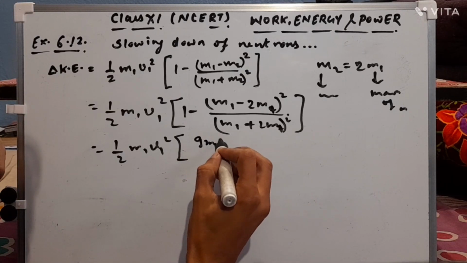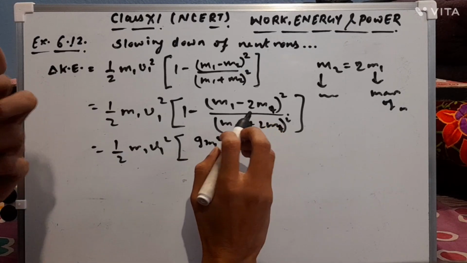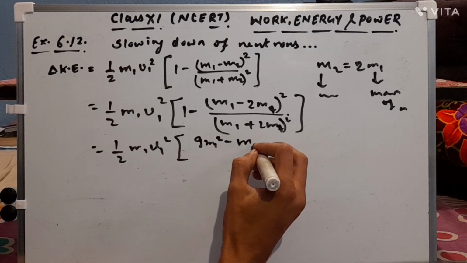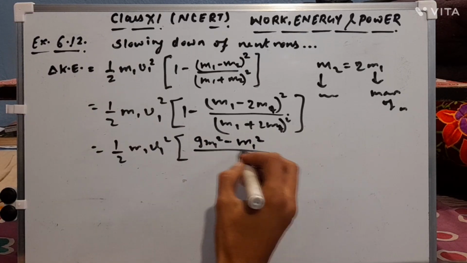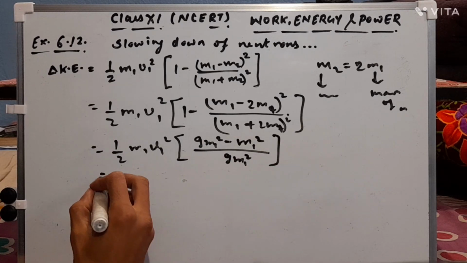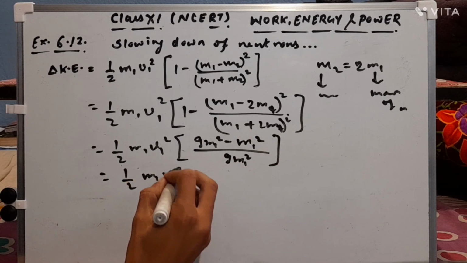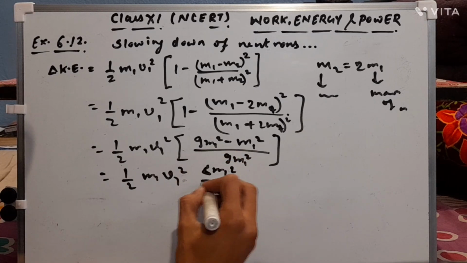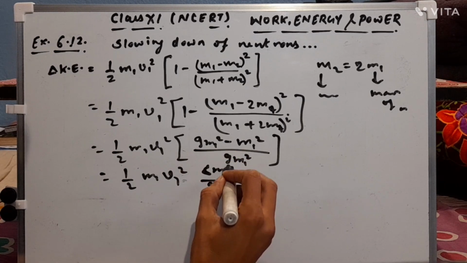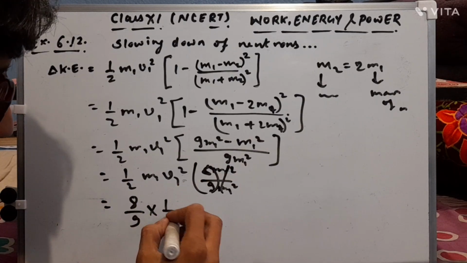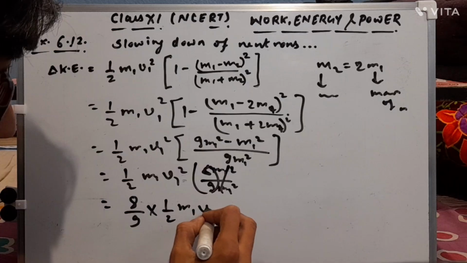So 9m1 square minus m1 minus 2m1, which gives us minus m1, and m1 square will be here, and here will be 9m1 square. So we will get half m1 v1 square, and the whole thing will become 8m1 square upon 9m1 square. This will cancel out, and it will be 8 by 9 times half m1 v1 square.